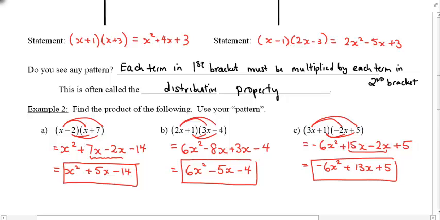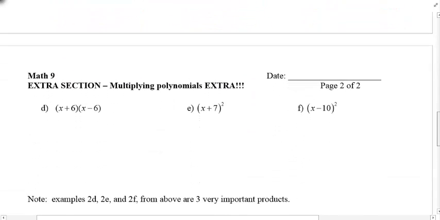Okay. A few more on the next page. You can try these yourself, or at least D. Maybe E and F I can show you.